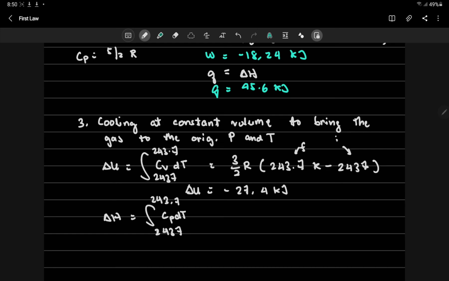Anyway, if you do this integration, so Cp is 5/2 R because it's a monoatomic ideal gas. dT becomes delta T, so the same thing, 243.7 minus 2437, and you will be able to calculate delta H here as negative 45.6 kilojoules. So let's highlight our answers.